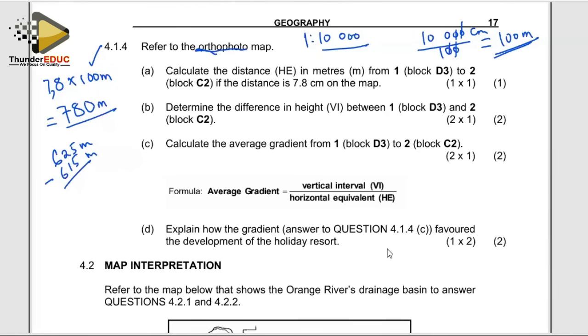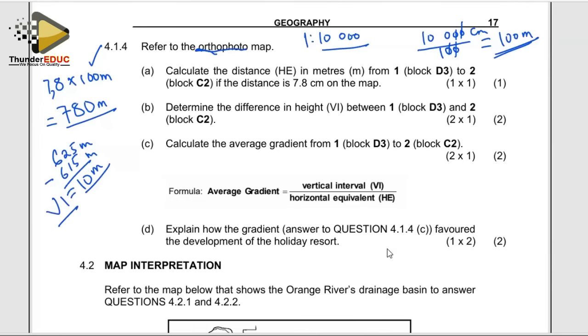And it gives you 10 meters. That is your VI. VI is basically the difference in height between the two identified points. And we don't deal with negative values, always subtract the smaller from the bigger one. So 625 meters minus 615 meters, they give you a difference of 10 meters. That is our vertical interval.